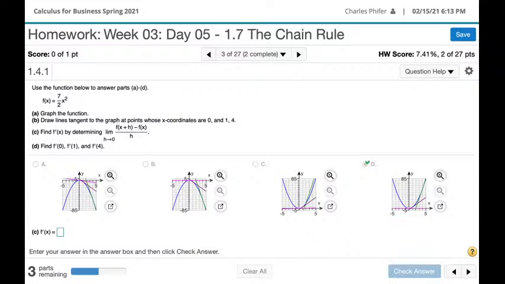I'm going to say find f prime of x using the limit as h goes to 0 of f of x plus h minus f of x all over h, right? So they want us to find a derivative using the limit definition of the difference quotient.